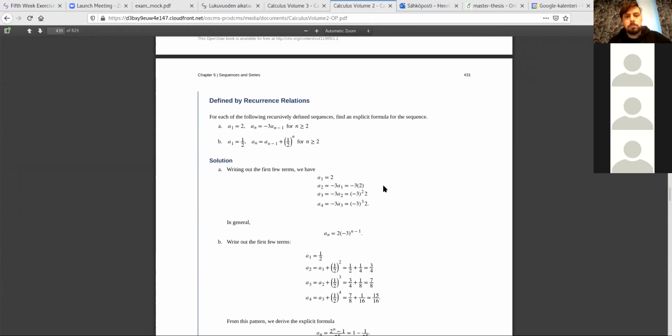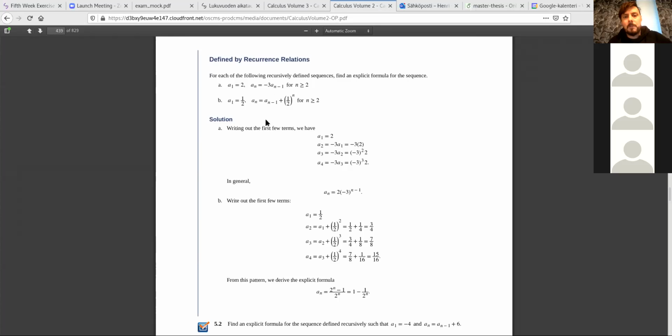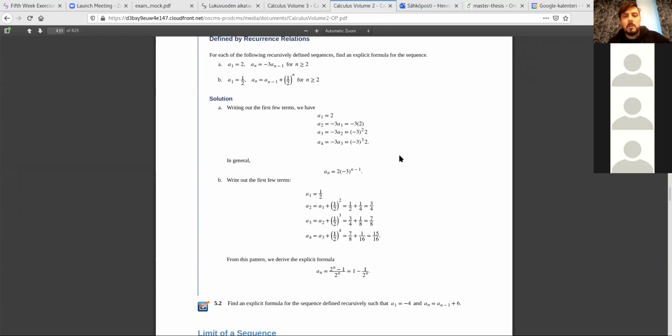So, if you define these by recurrence relations, then very often there is a way to come up with an explicit equation for that, if you do it in the following way. This is pretty much the same way as Knuth and Patashnik recommend doing it, and you can then notice that there is a general way when you write these terms out in terms of the initial value and the values that appear in this recurrence.